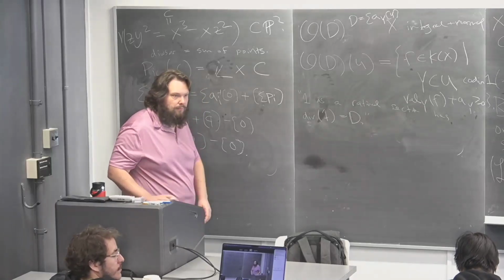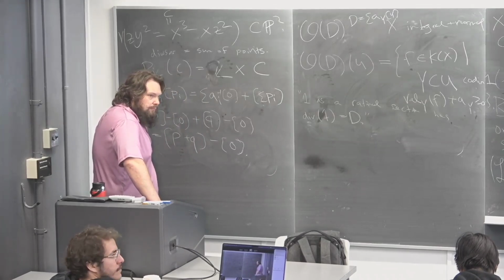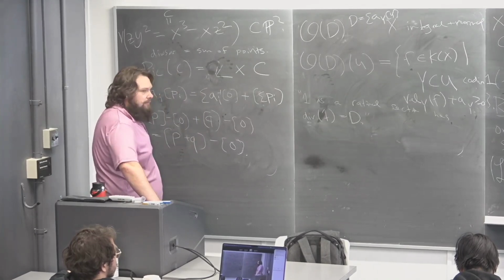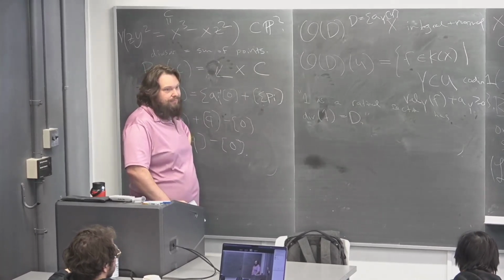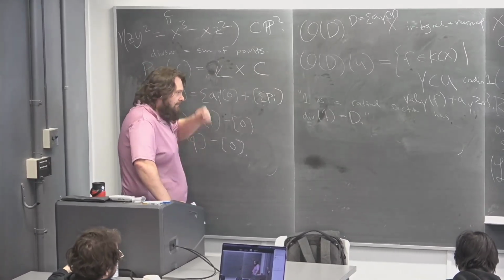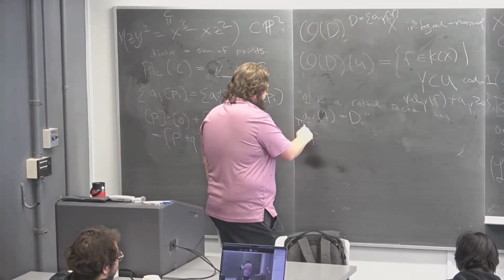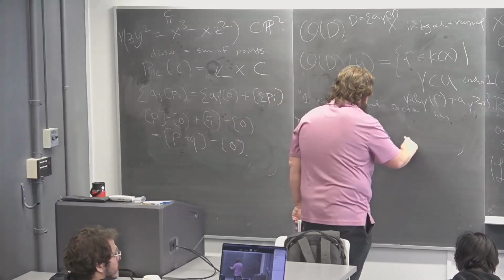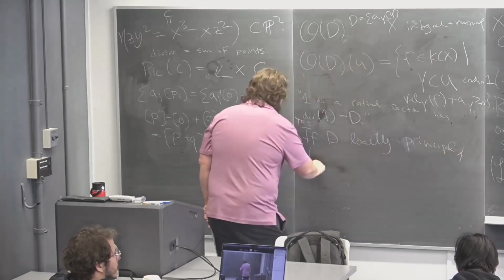It's not necessarily locally free. Right. So theorem, if D is locally principal, then O of D is a line bundle.